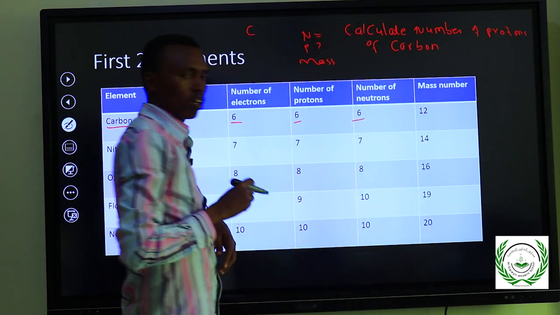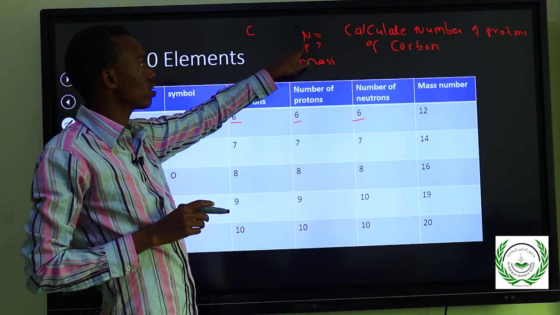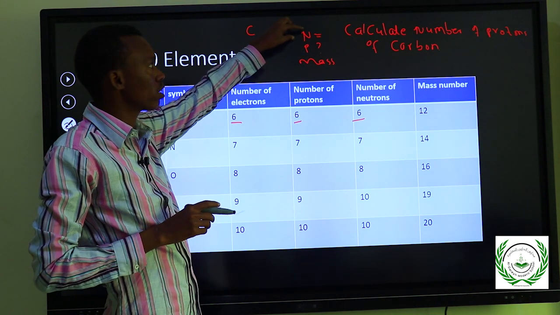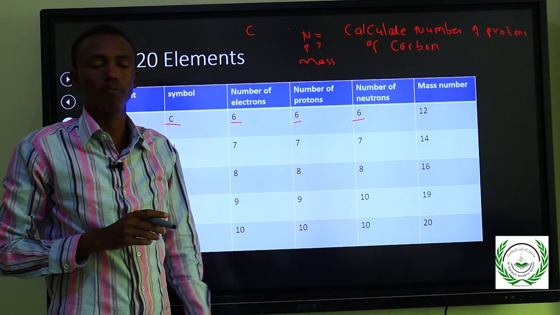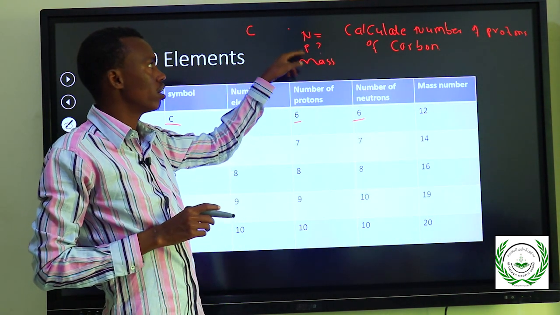Try it for yourself, for example, given the number of neutrons, as practice. You can work it out using the formula, not from the table, just using the formula.